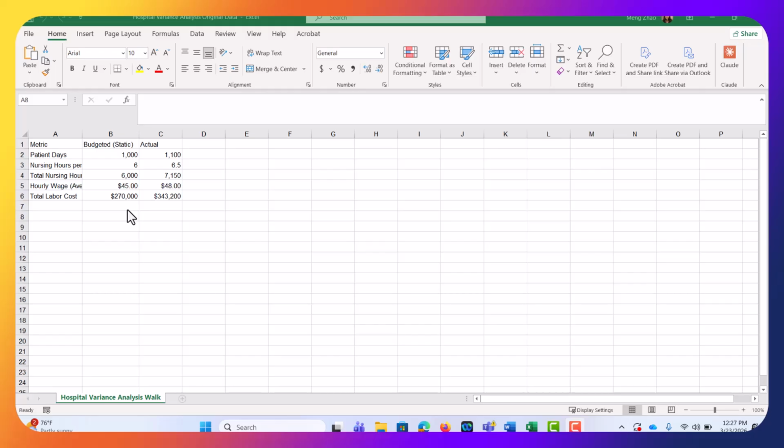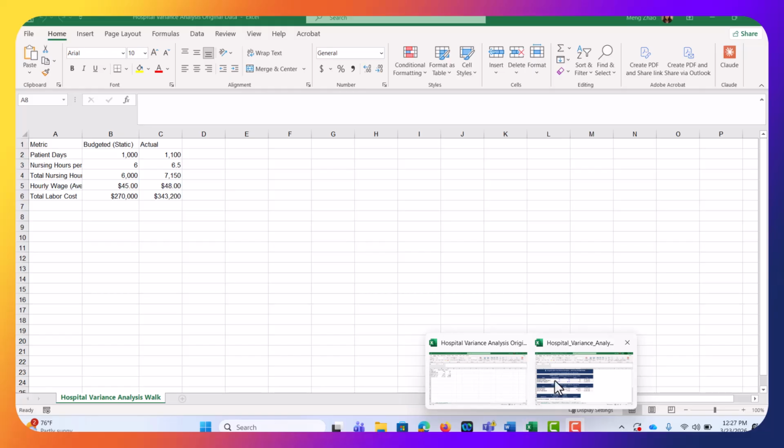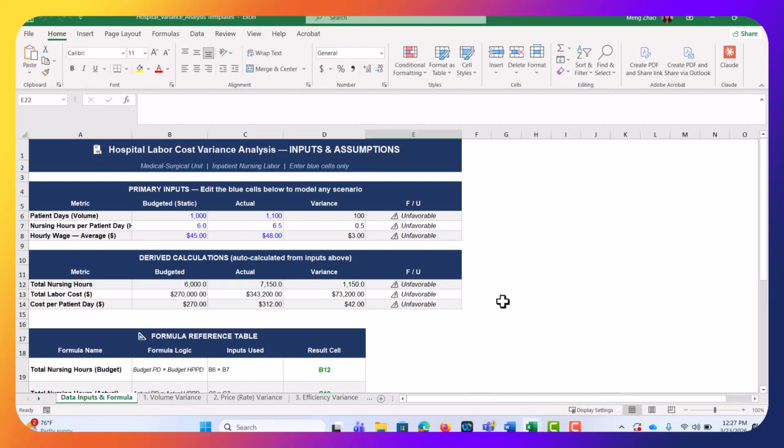Now let me open a very simple tool, the Excel template that I have provided to you, so you can see how you can use this template to calculate the variance in practice. We do not calculate variance manually. We always use a structured Excel template, just like I have shared with you.